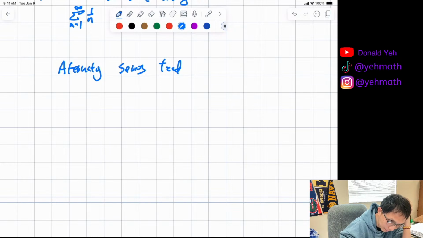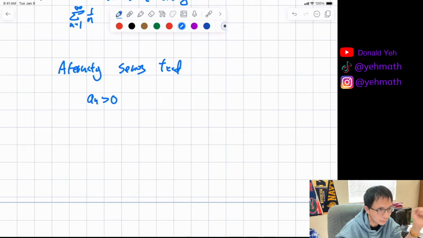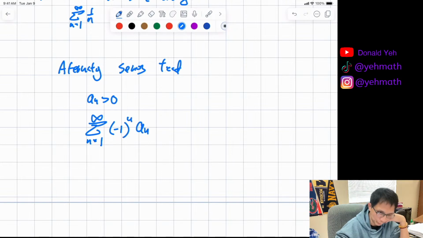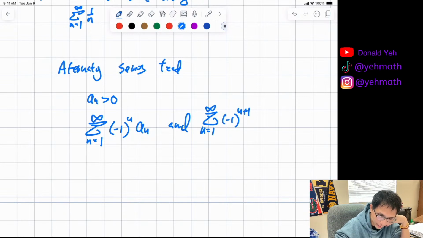It's going to be a_n greater than 0, but it's going to look like this: the summation of n equal to 1 to infinity of -1 to the n times a_n, and the summation of n equal to 1 to infinity of -1 to the n plus 1 times a_n.